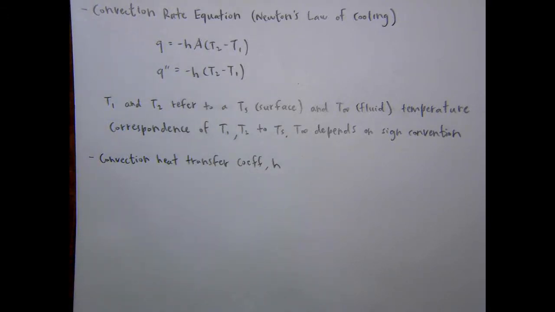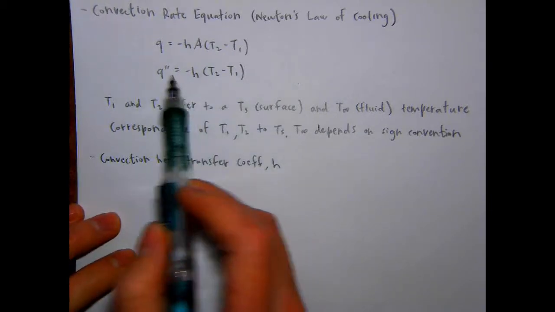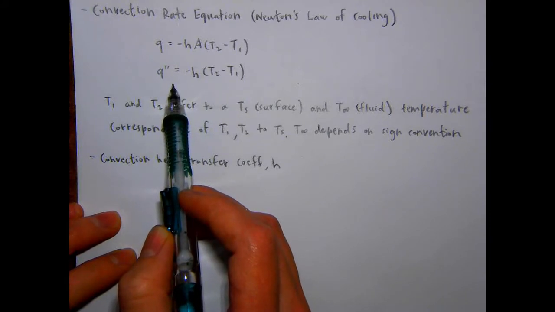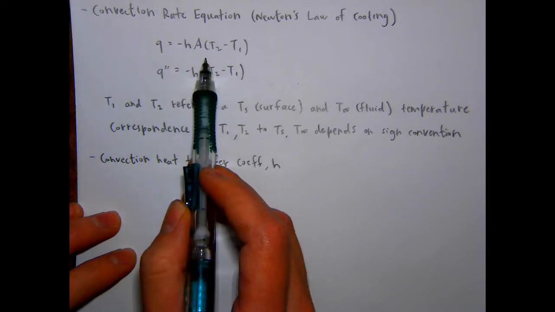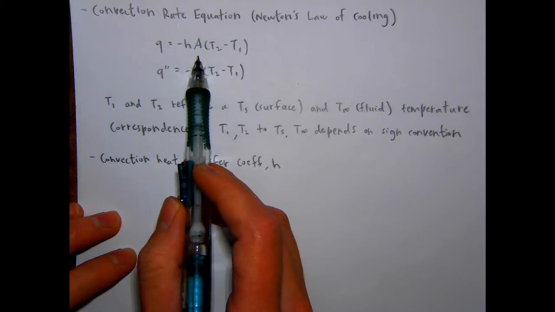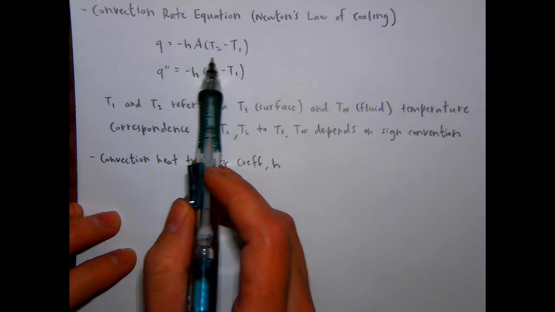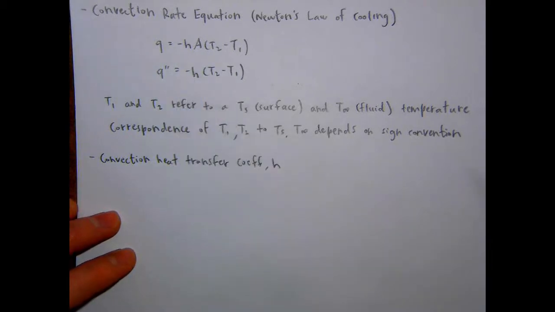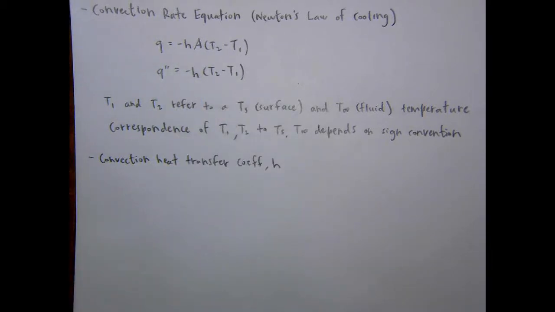that's often determined empirically. For a given object that has a certain shape, we can determine it experimentally. We know that the heat transfer depends on the area and the temperature difference, and then we're just going to scale it with this H that depends on all these complicated things like the shape and the boundary layer and all the thermo properties and everything.